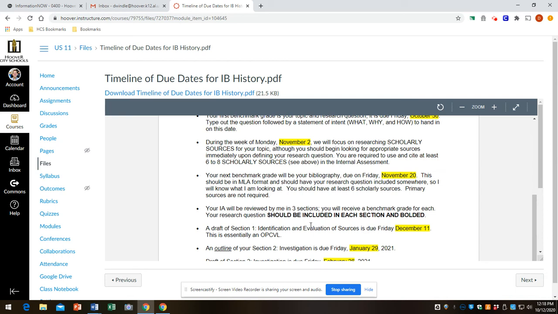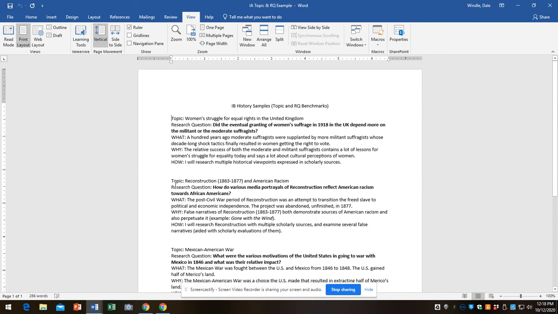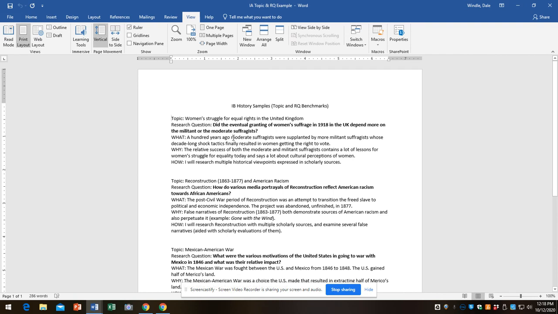Let me show you what I'm talking about. So this is just one of these 3 items is what I'm looking for on October 30th. Here's some examples I just made up. Topic: Women's struggle for equal rights in the United Kingdom. Research question, which the question can be tentative.